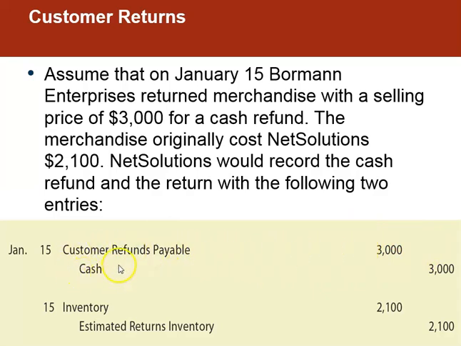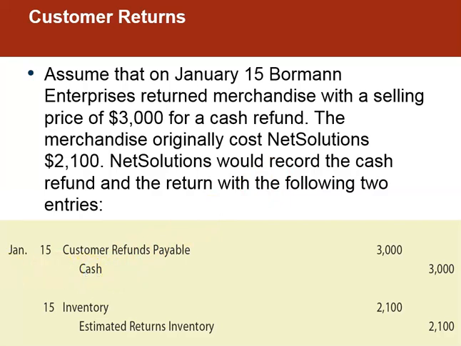In this case, we're just going to issue Borman a cash refund of $3,000. So Net Solutions is giving a cash refund of $3,000, so cash is going down by $3,000.